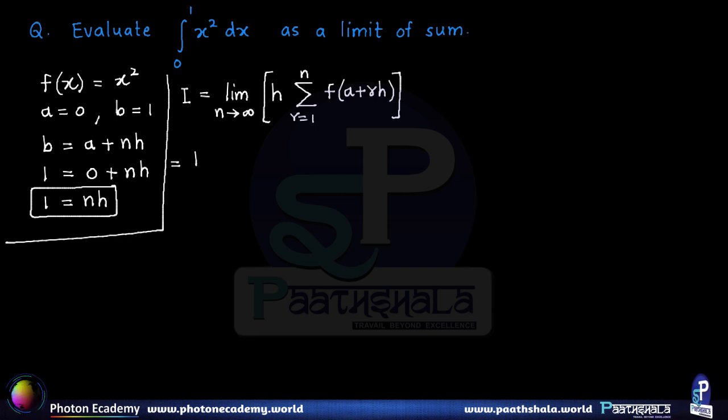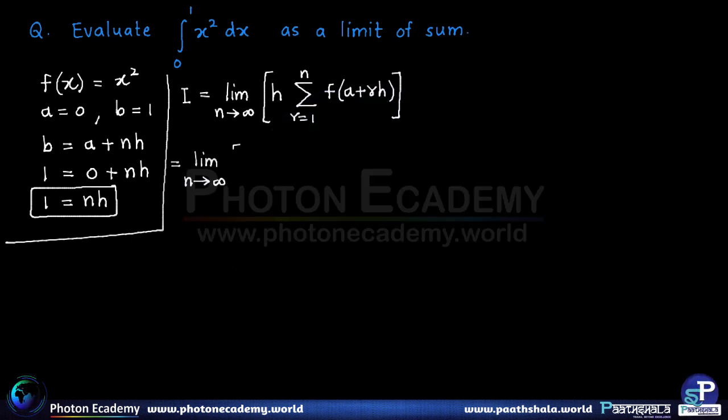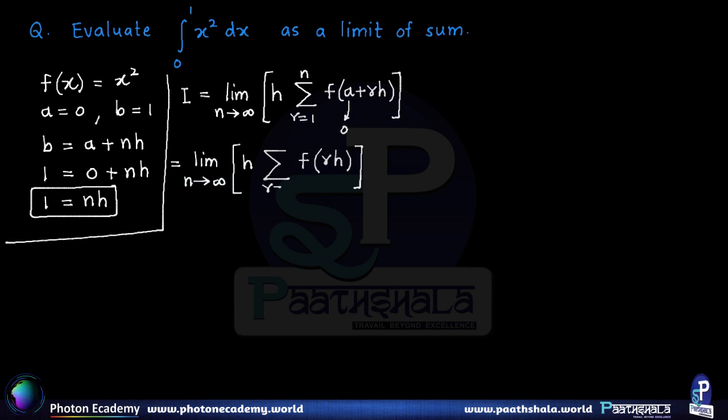So that is equal to limit n tends to infinity h summation of f of, now here a is 0, so therefore we are left with just f of rh, and r varies from 1 to n.